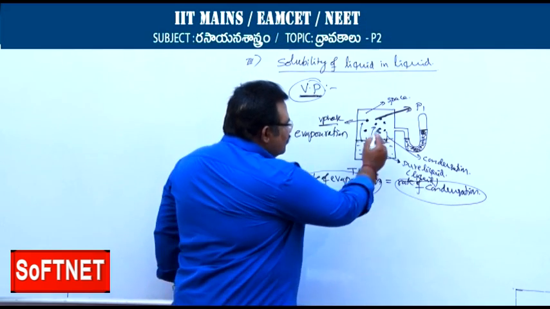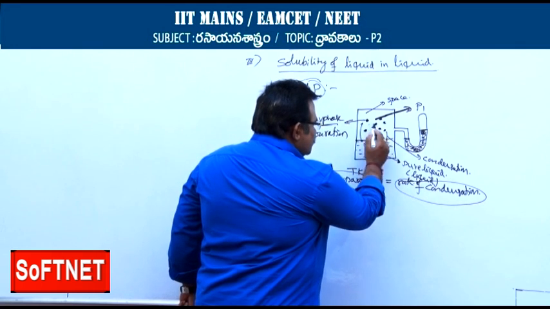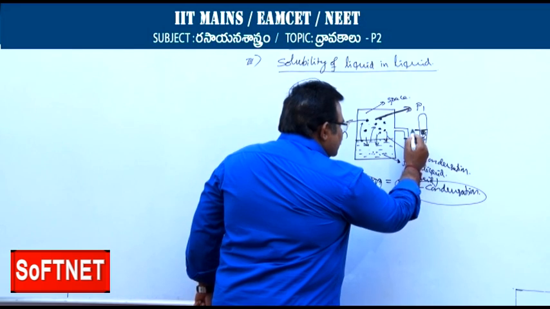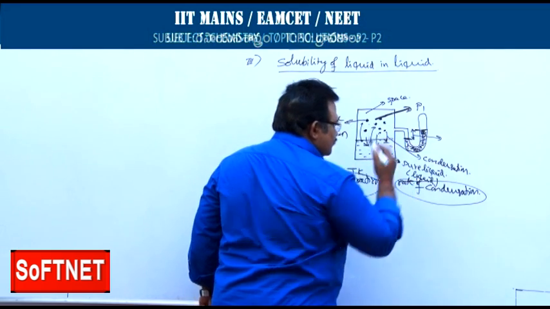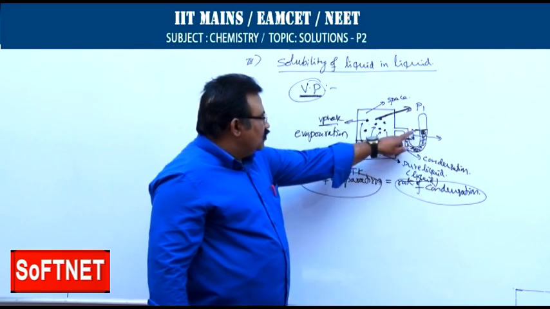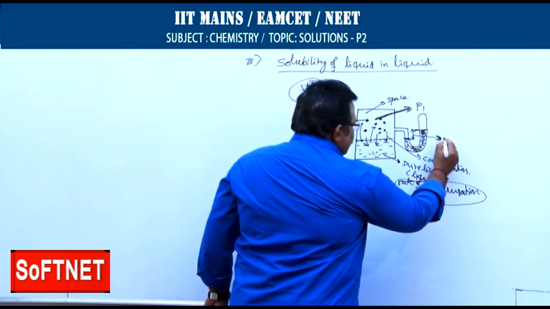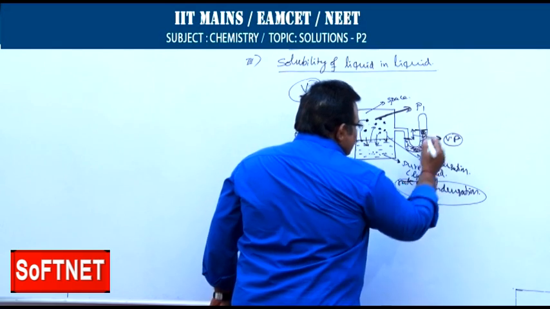So the pressure of the gas, the pressure of this gaseous phase, is nothing but the difference between the two levels of mercury. This is the vapor pressure.